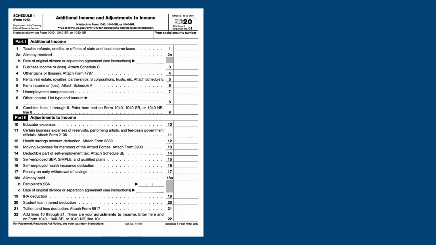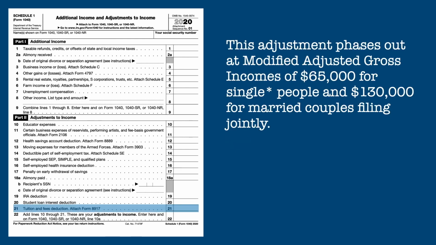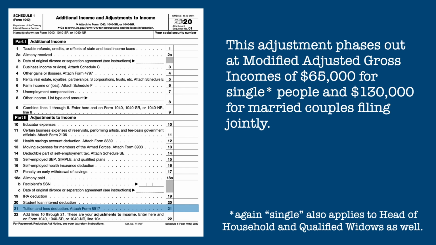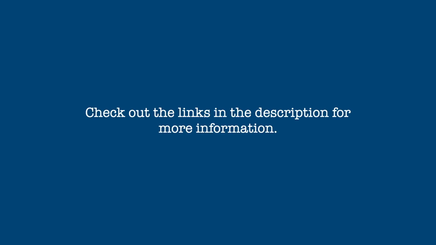The adjustment is limited to $4,000 and starts to phase out at modified adjusted gross incomes of $65,000 for single people and $130,000 for married couples filing jointly. And that's a quick rundown of adjustments most taxpayers can take to compute adjusted gross income.